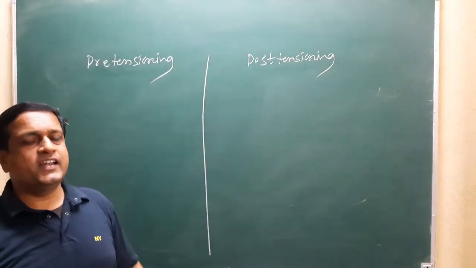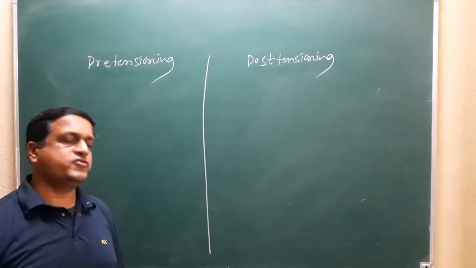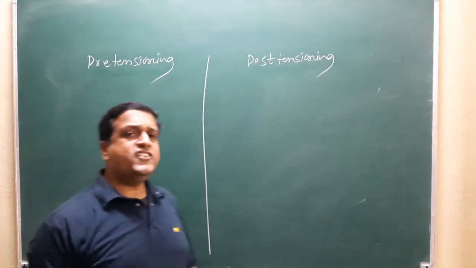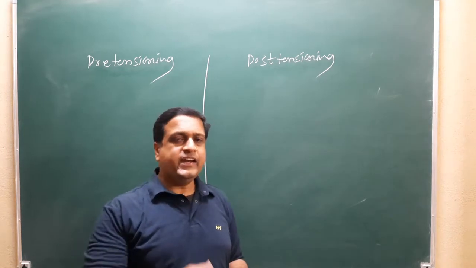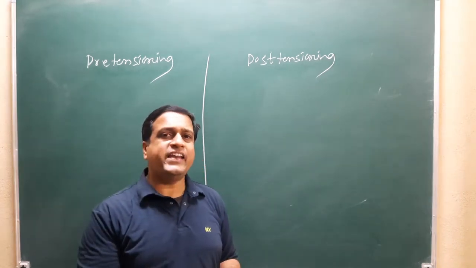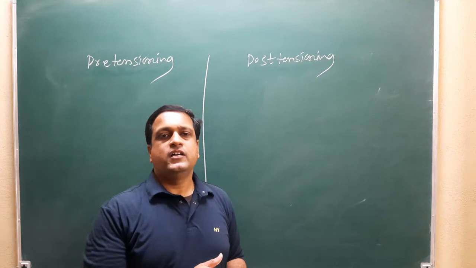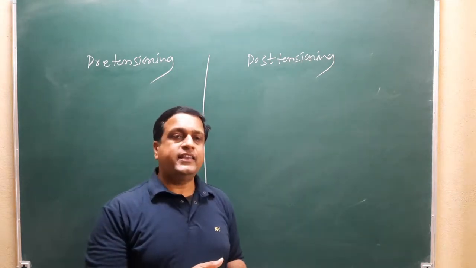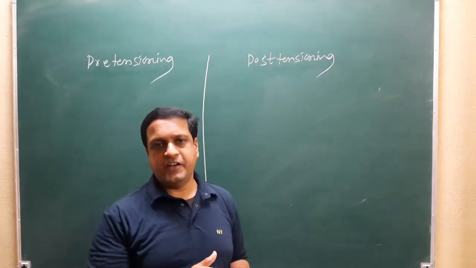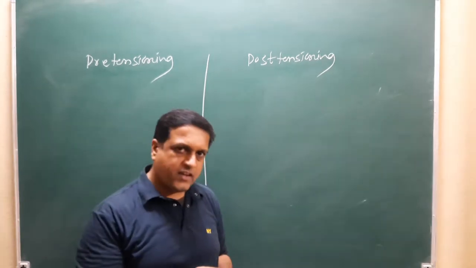I will tell you exactly what is the meaning of pre-tensioning and post-tensioning. Pre-tensioning, it gives the meaning itself. Pre-tension, that means the wire is already tensioned. The wire is tensioned first, and then you have to put the concrete. It is the pre-tensioning.